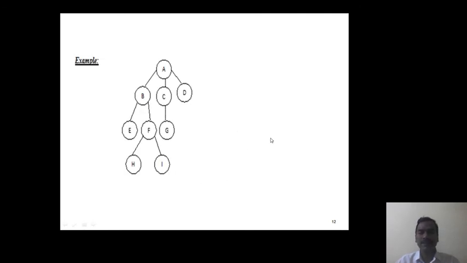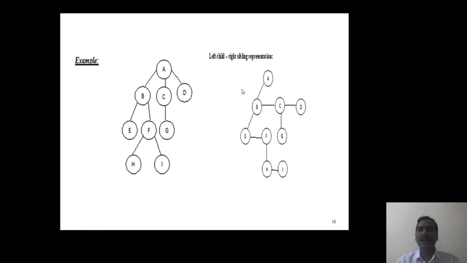For this, in the left child right sibling representation, observe, A is the root node. So we place A. Its left child is B. So left child B, and for B we need to specify the closest right sibling.